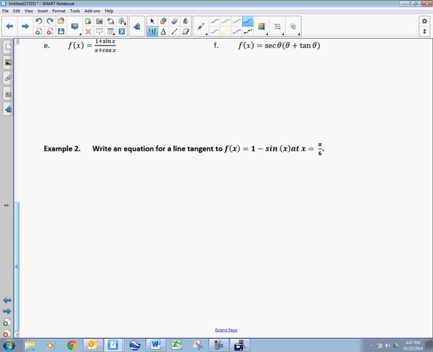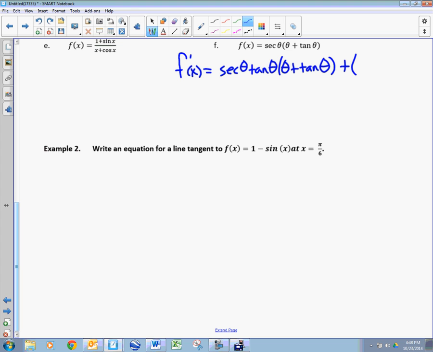Okay, and f, our last example. You can see that this does require the product rule. The product rule we wrote up above, we'll just do again. F prime of x is the derivative of secant, secant of theta tangent of theta, times the second function left alone, theta plus tangent of theta, plus the derivative of the second function.